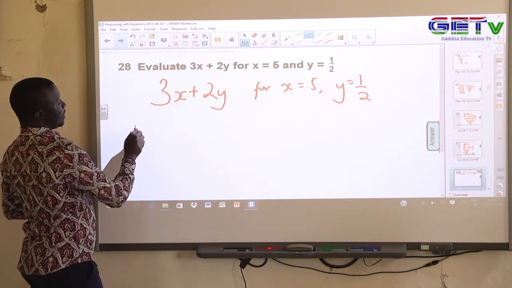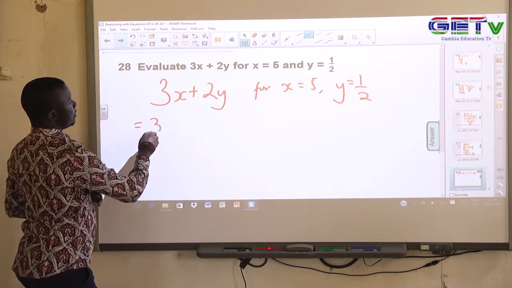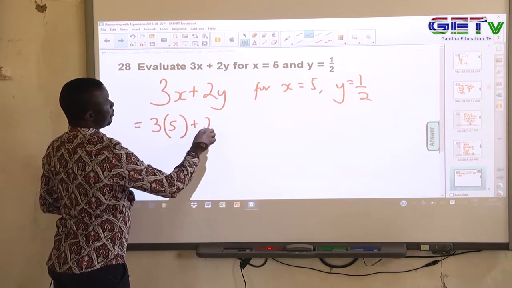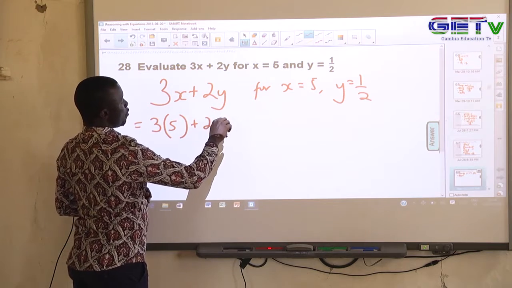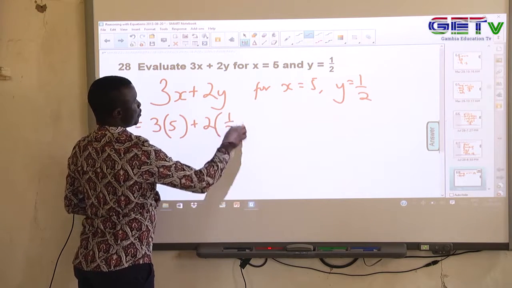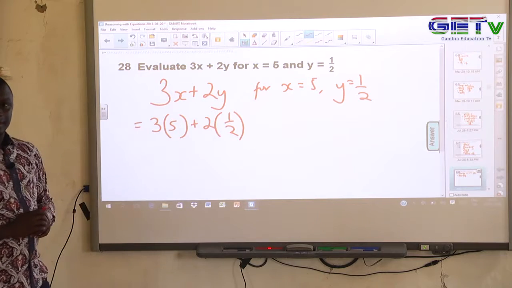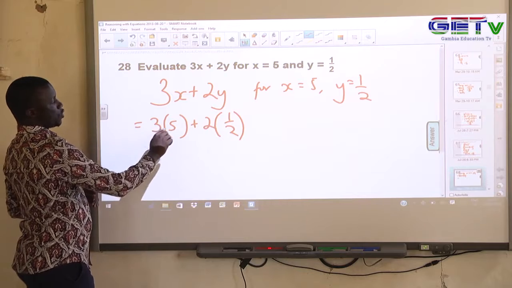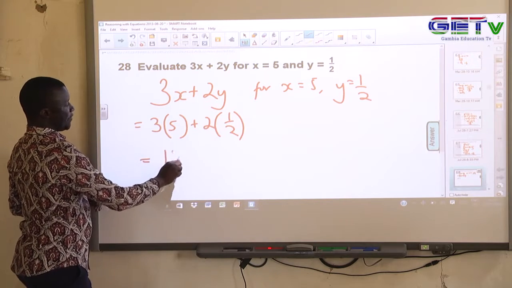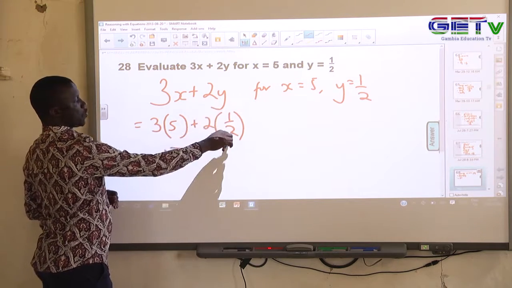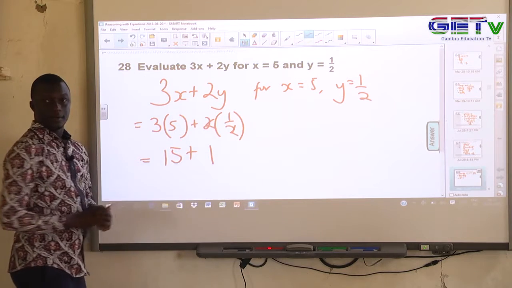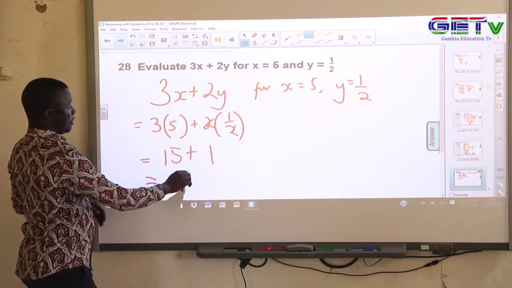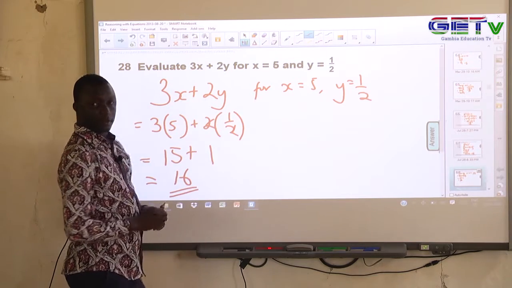Now we substitute after writing our expression. 3 into 5 plus 2 times 1 over 2. That is the value of y. Okay. So 3 times 5 is 15, plus 2 times 1 over 2 equals 1. So 15 plus 1 gives us 16.